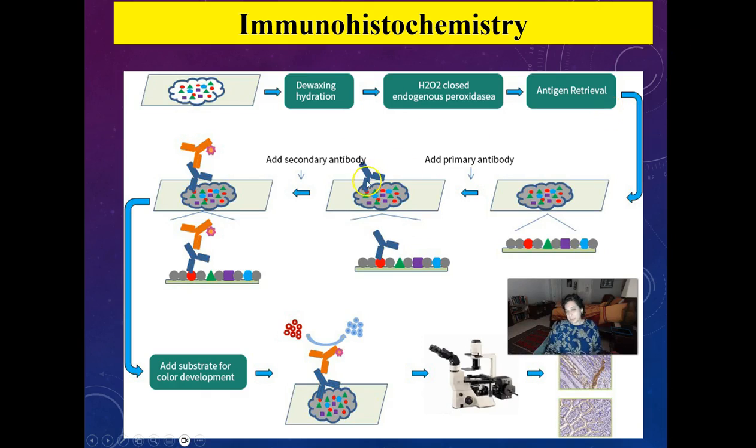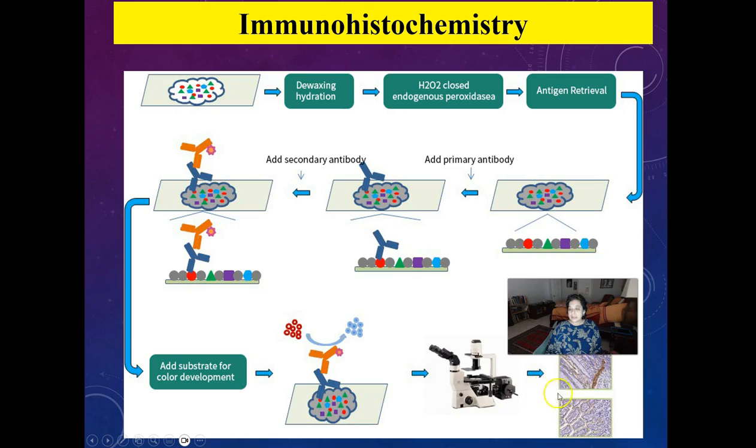You add your primary antibody, which binds to your protein of interest. You then add a secondary antibody against the primary antibody so that it can enhance that signal. This secondary antibody usually contains some type of fluorescent or colorimetric marker that you will actually visualize.